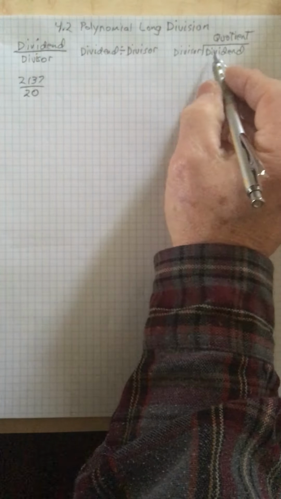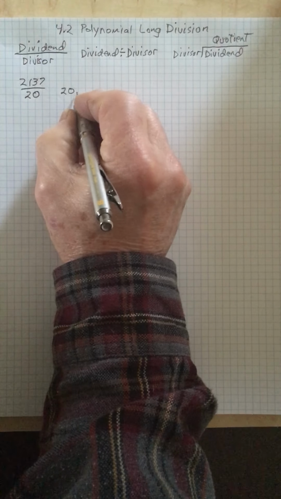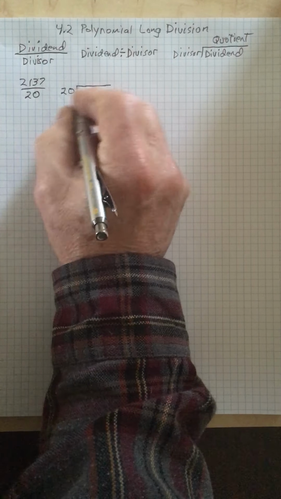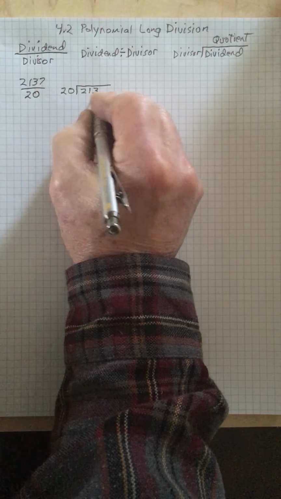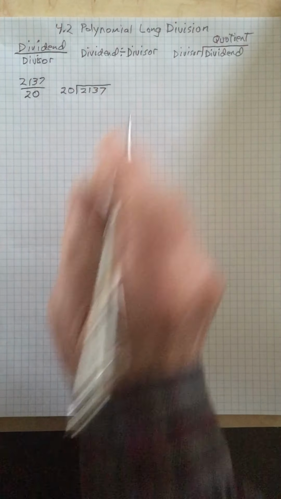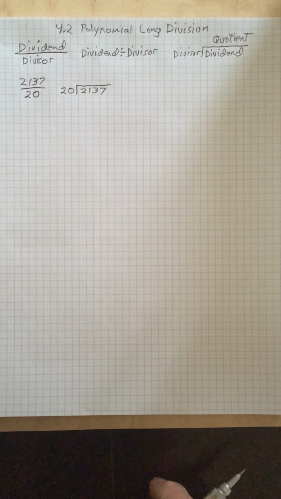We want to convert to this form here. So we divide the top number by the bottom number.